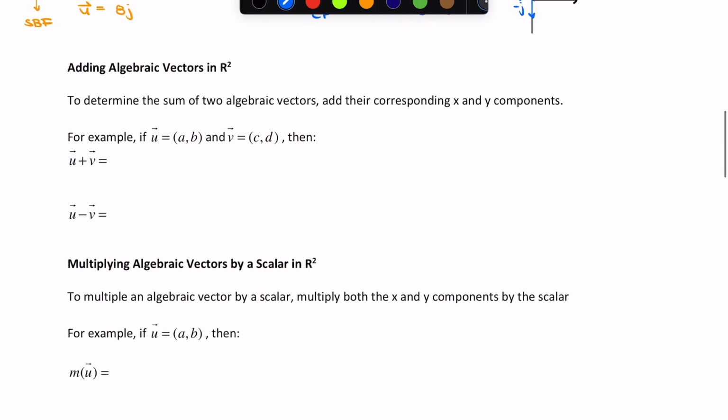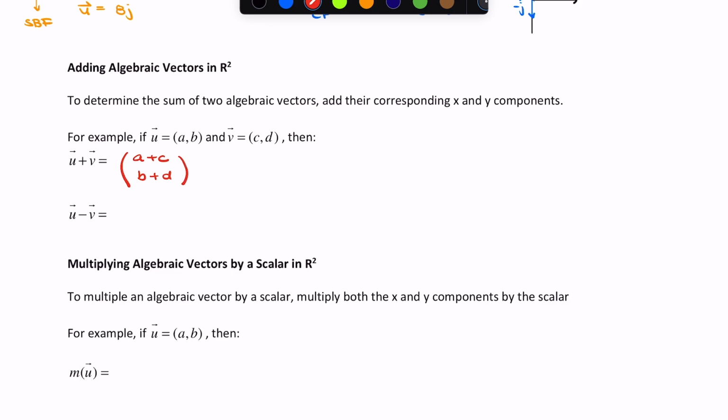Okay, continuing on. Adding algebraic vectors in two space. To determine the sum of two algebraic vectors, add their corresponding x and y components. For example, here we have vector u is equal to (a, b) and vector v is equal to (c, d). So vector u plus vector v: we add our x components, which are a plus c, and our y components, which are b plus d.